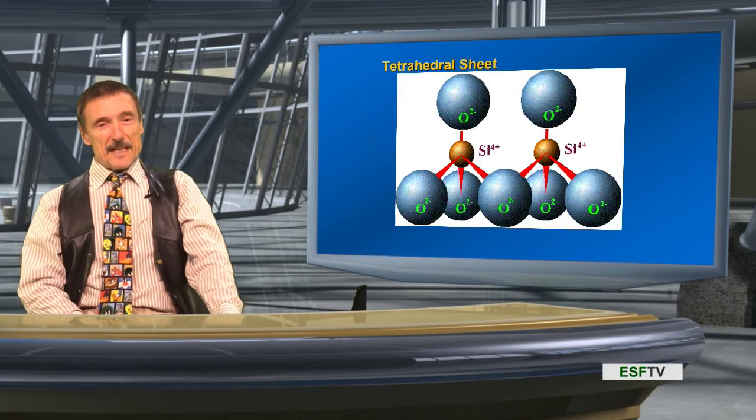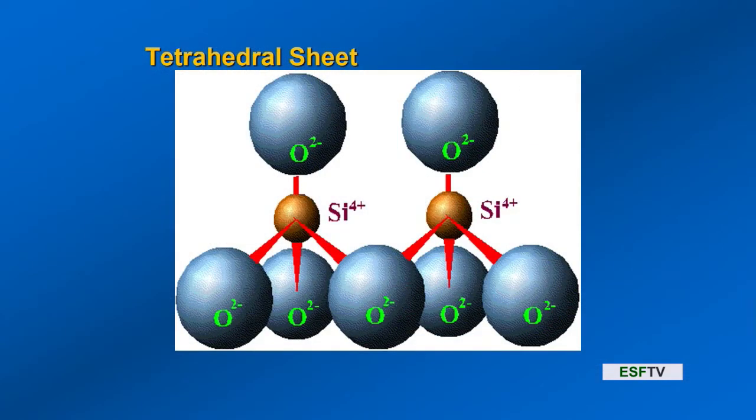So we can look at that in these ball and stick models in this faux 3D image. Here's a silica tetrahedron, coordinated by 4 oxygens, and we can string them together. We string the silica tetrahedra together, and we have sheets, and this repeats and repeats.